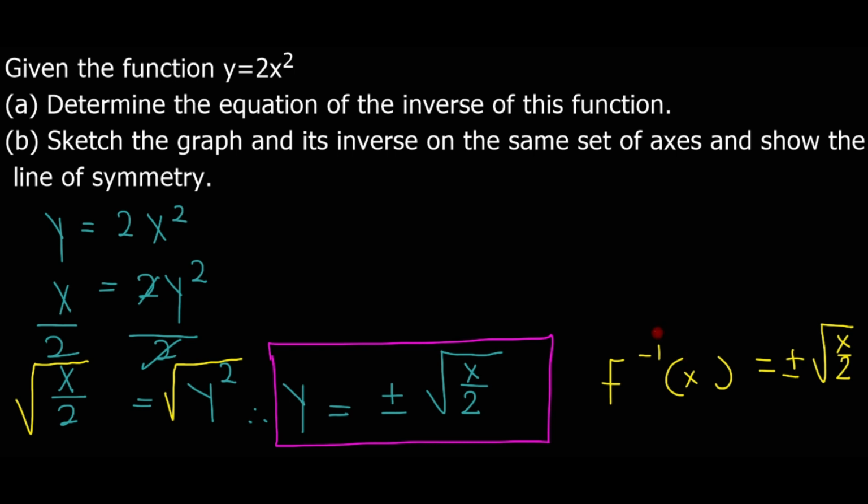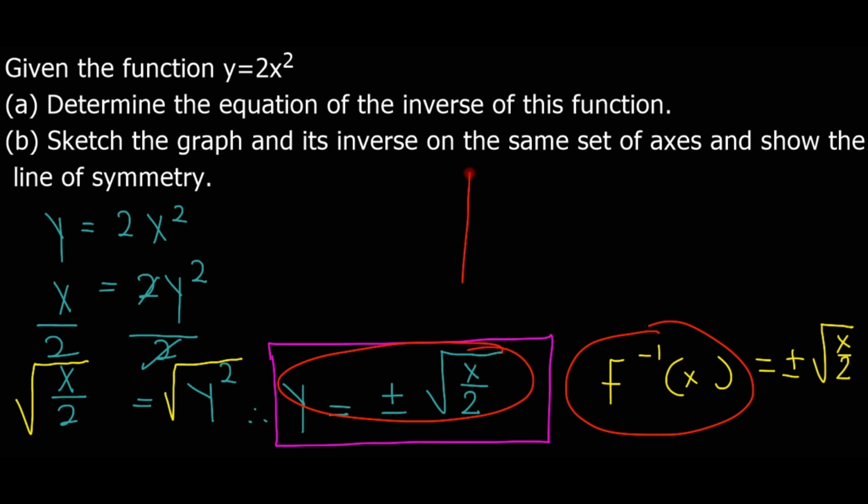This notation is used only if this is also a function. Remember we discussed the function. Draw this graph. It will be something like this. We read this graph as a function because of the vertical line test.